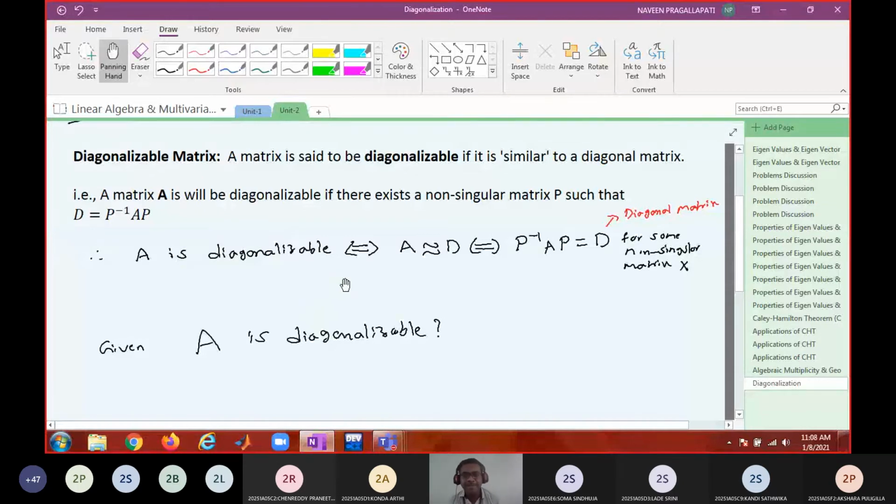Did you catch my point? Okay, so the definition is there, but it may not be useful for us to identify whether a given matrix is diagonalizable or not. So we should have an alternate way to test whether a given matrix is diagonalizable or not. Is that okay?